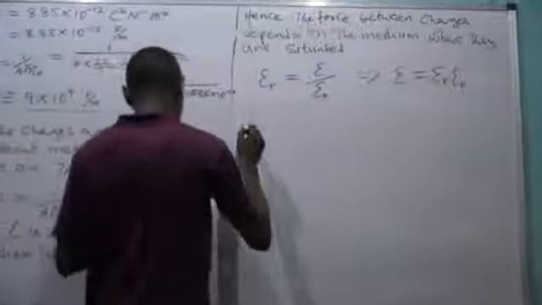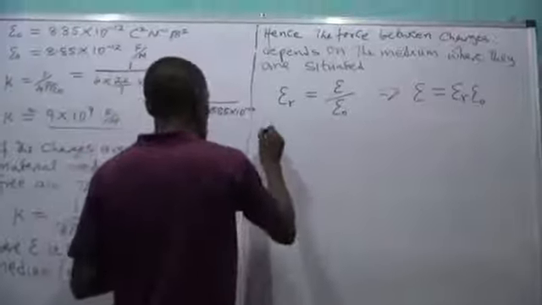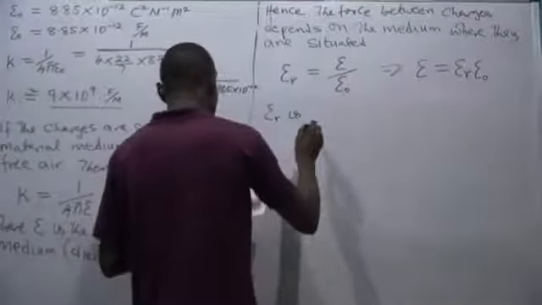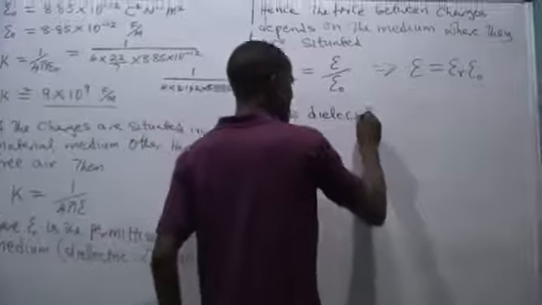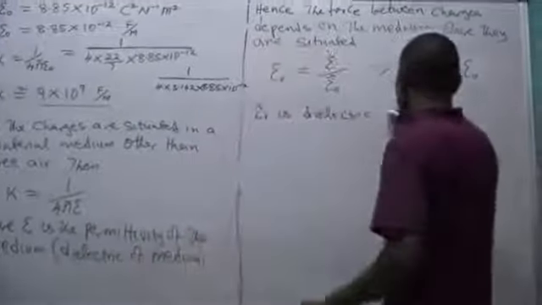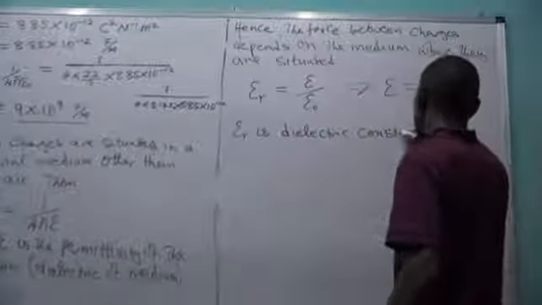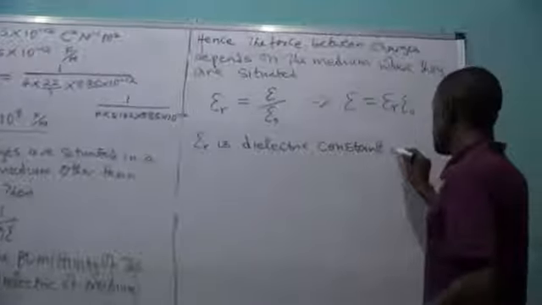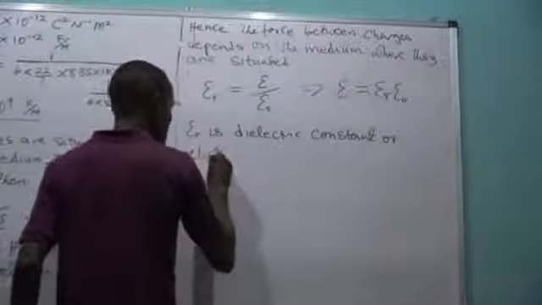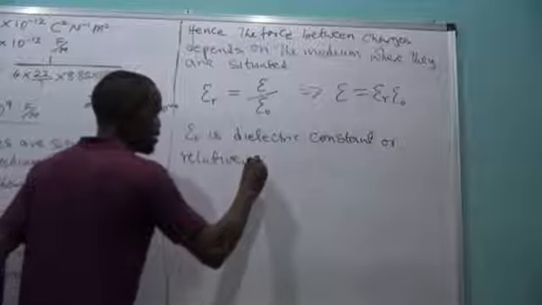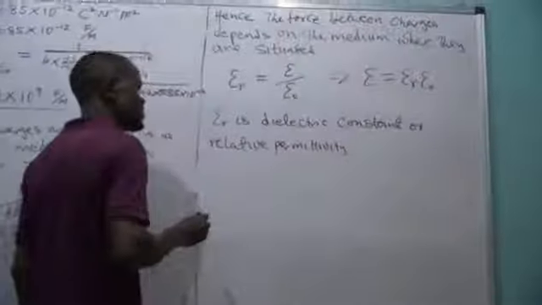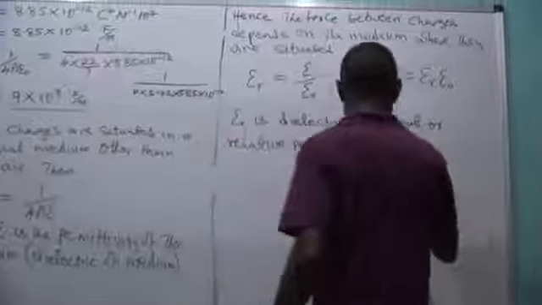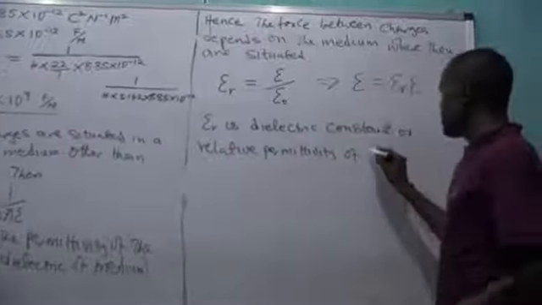We call it relative, where epsilon O is a constant and epsilon R is the dielectric constant, or relative permittivity of the medium.